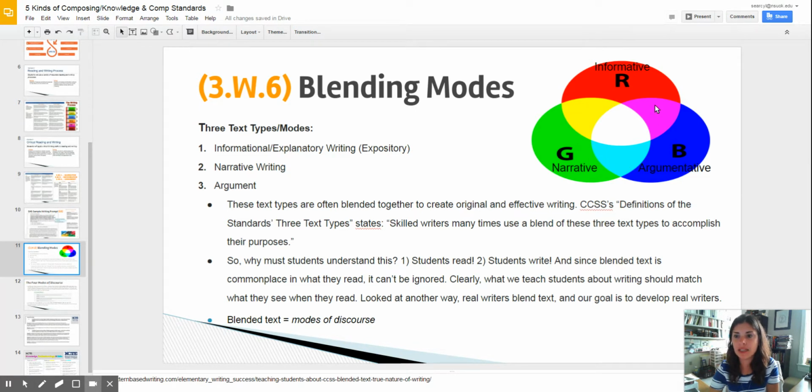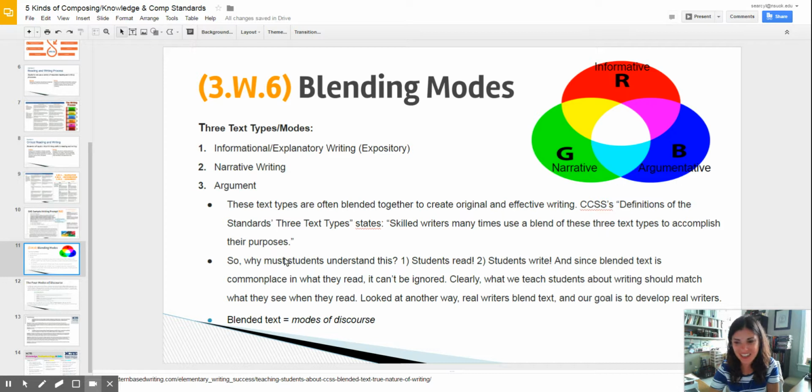But when you blend them, you get to integrate those ideas and you get to develop new colors that are richer and have more complexity and depth to them. So these text types are often blended together so that we have original writing. Common Core has stated that skilled writers need to blend these in order to accomplish their purpose.